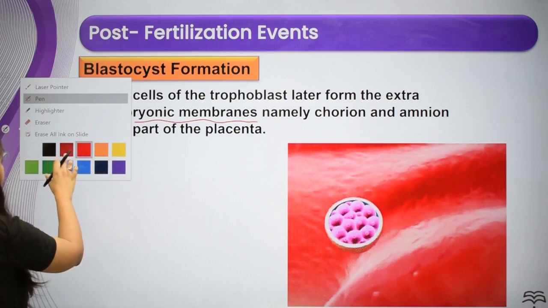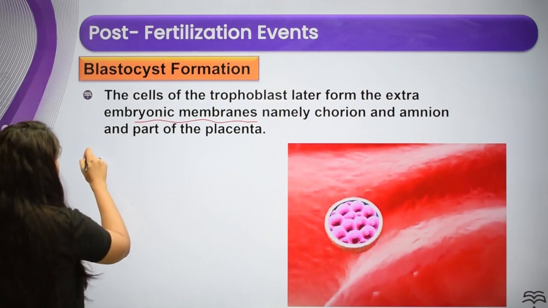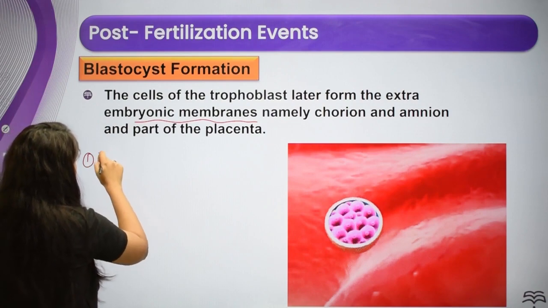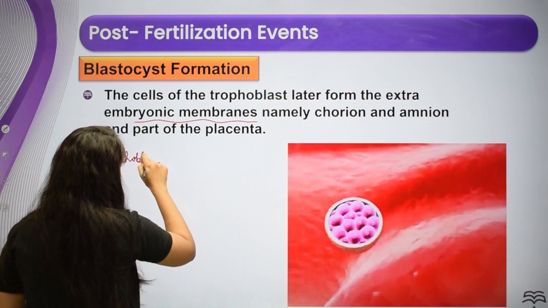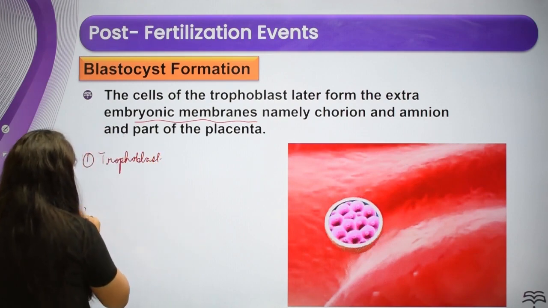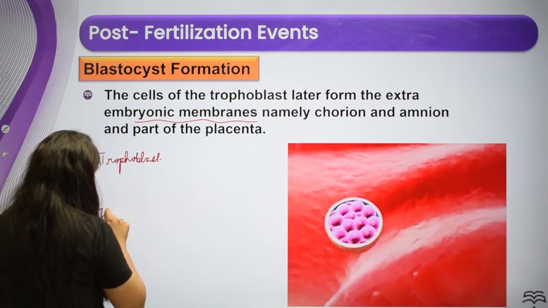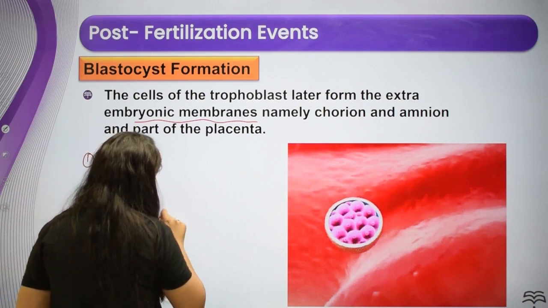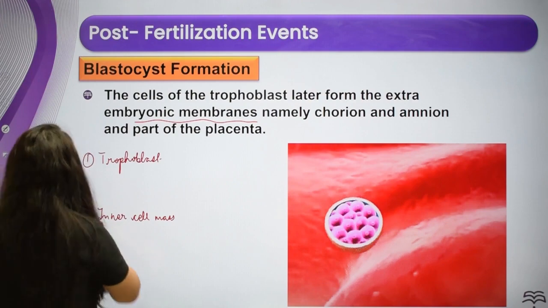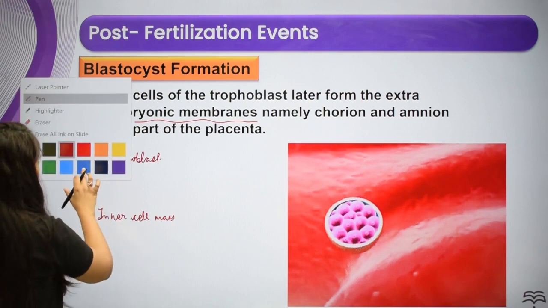हम लोगों ने blastocyst का structure देखा था, उसमें हमने दो चीज़ें देखी थी. One was trophoblast and another one was inner cell mass. तो inner cell mass जो है वो किसको rise देगा?